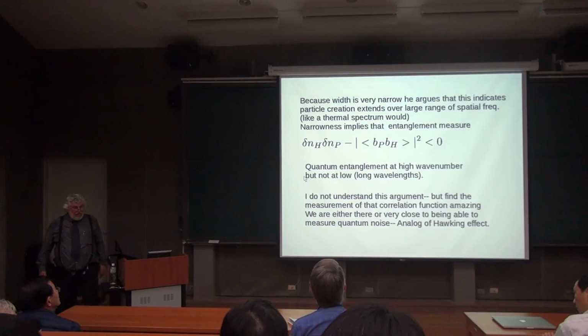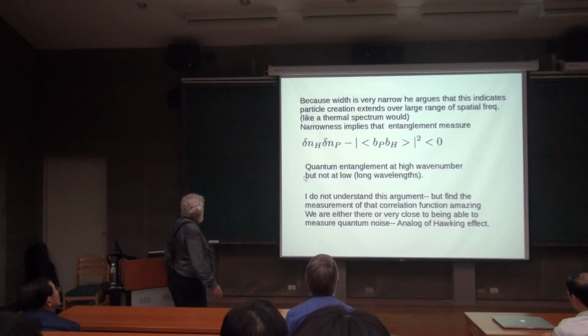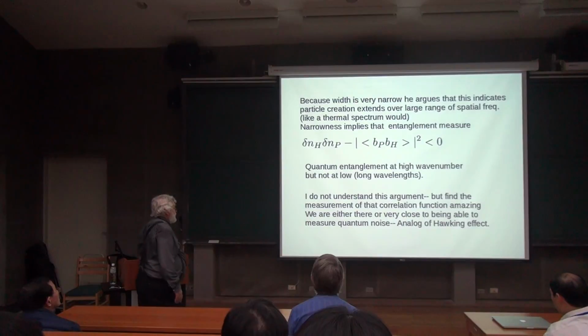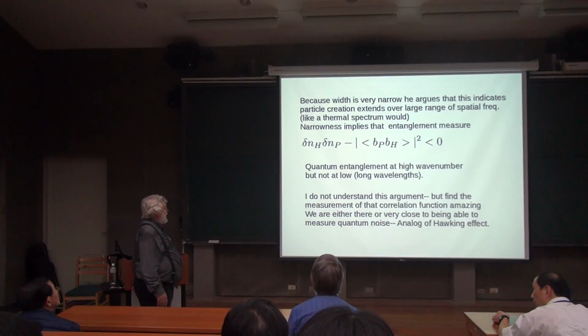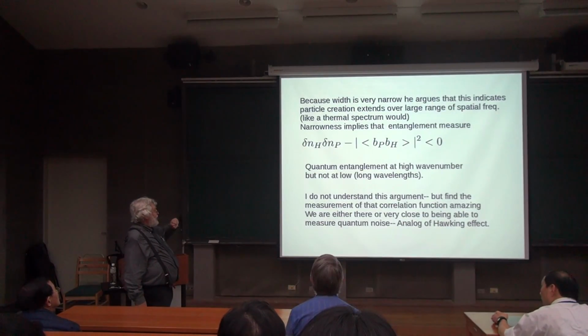So what he wants to measure is basically NH, the number of particles or quanta on one side of the horizon. It's basically the expectation value of BH dagger BH.